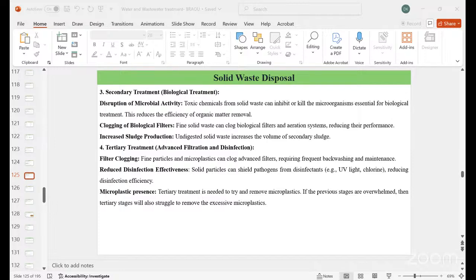The main key features, if we look into it, are the liner system, which prevents the leachate from contaminating the groundwater, and leachate collection and treatment, which collects and treats the contaminated liquid, and gas collection, which captures the methane gas for energy production or for flaring.